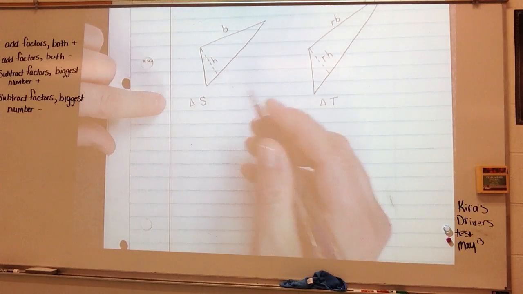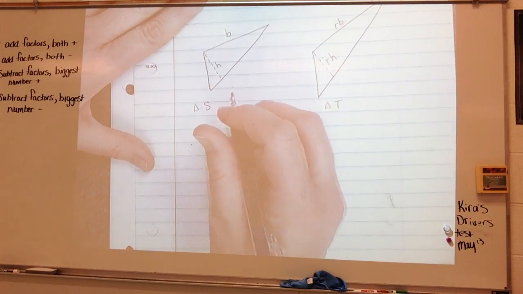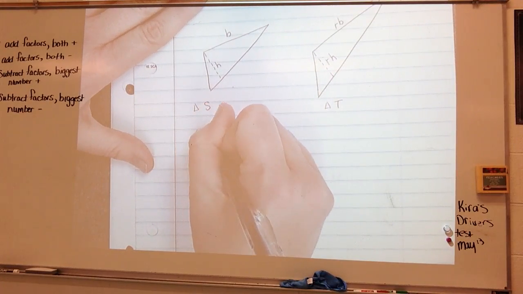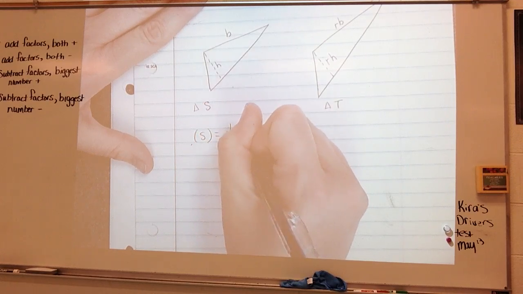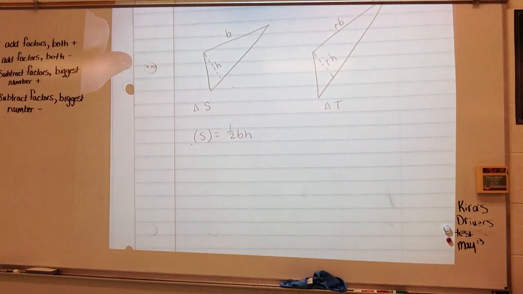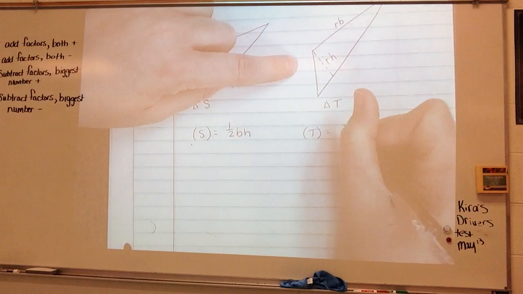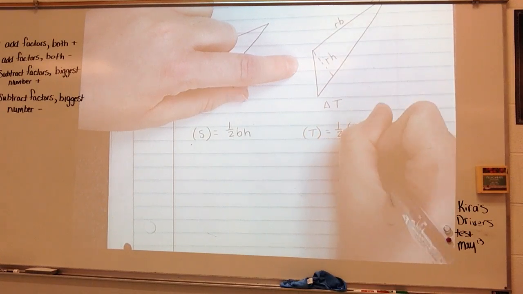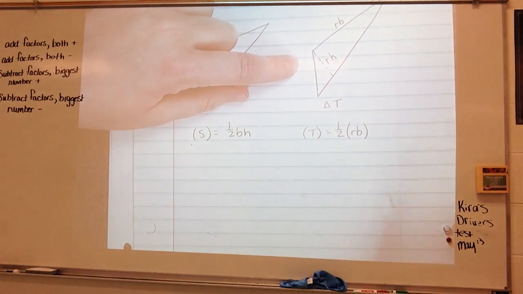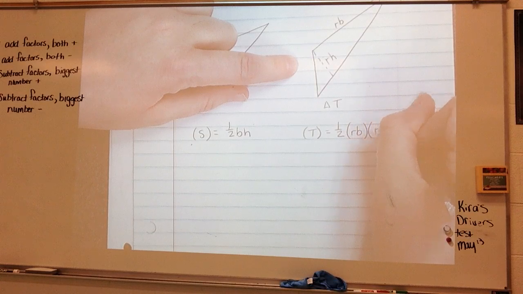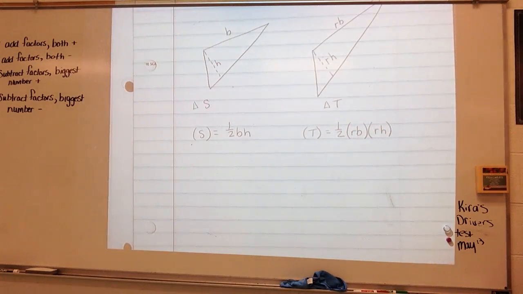Alright, so let's look at the area of these triangles. The area of triangle S would be 1/2 base times height. The area of triangle T would be 1/2 times RB, which is base, times RH, which is height.